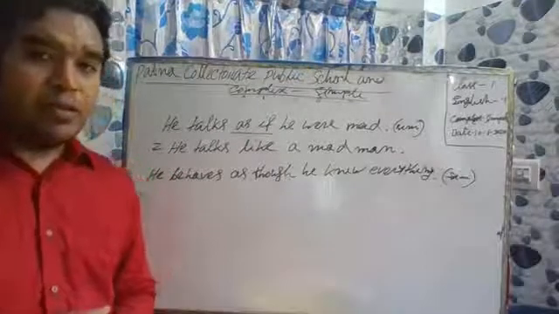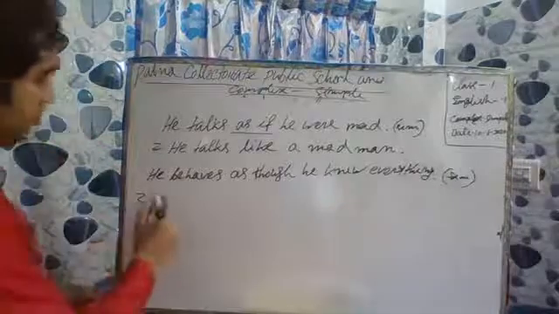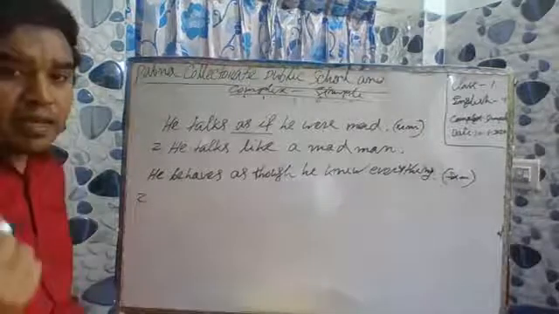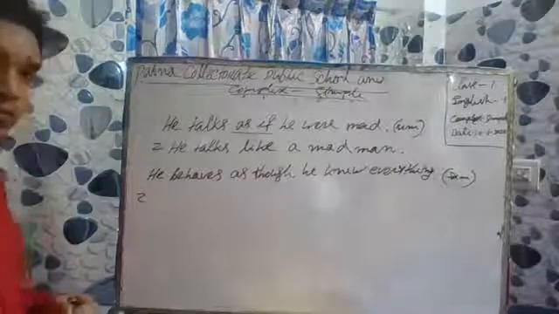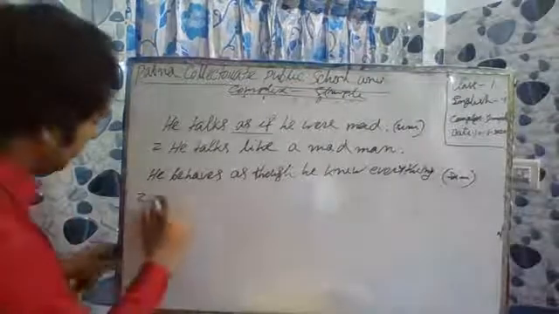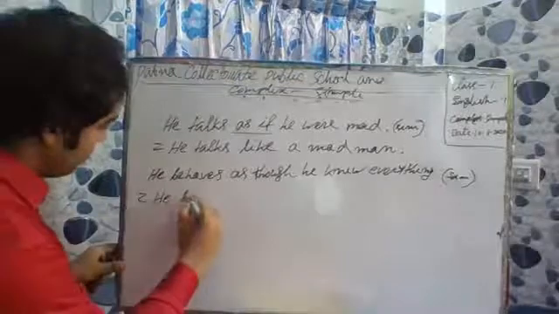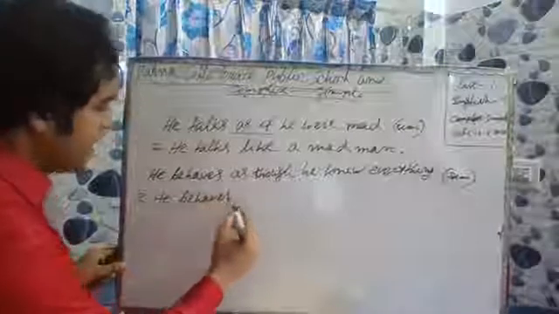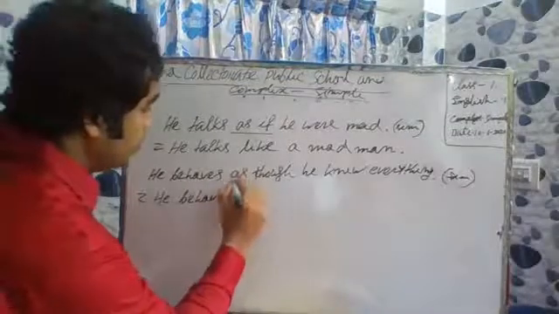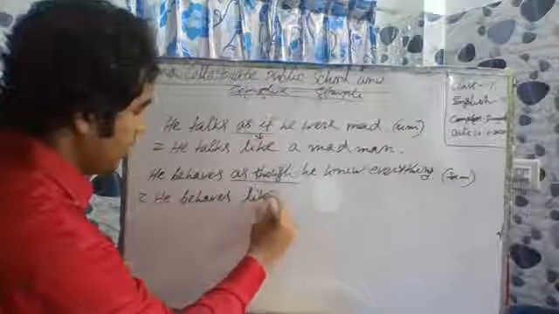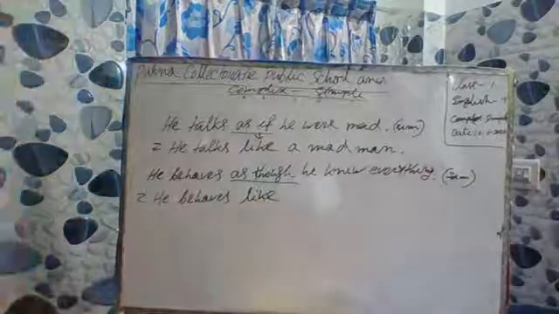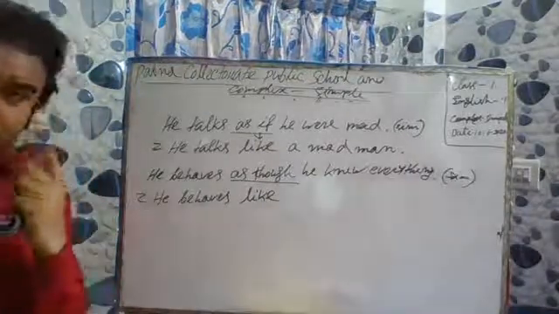Okay, dear student, I am providing the answer. This will be a little tough for you because you have to take a word by yourself. He behaves, use like instead of as if. Everything will be converted here into all.